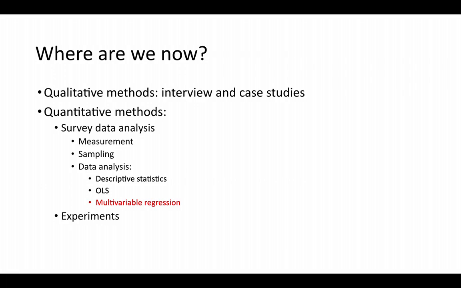analysis, right? Suppose you collect your own data, using your own survey, that will be primary research, right? The first thing you need to understand is the measurements of variables, different levels of measurement. Then we talked about sampling strategies.